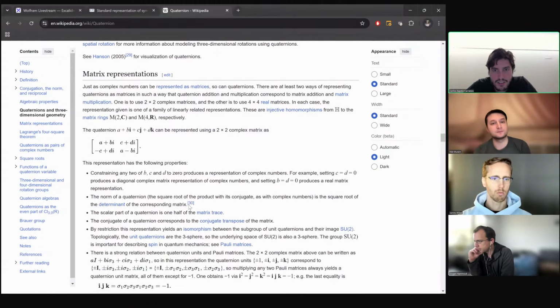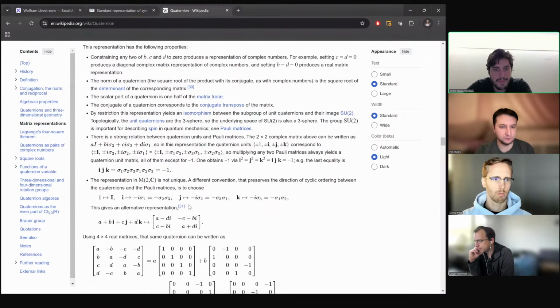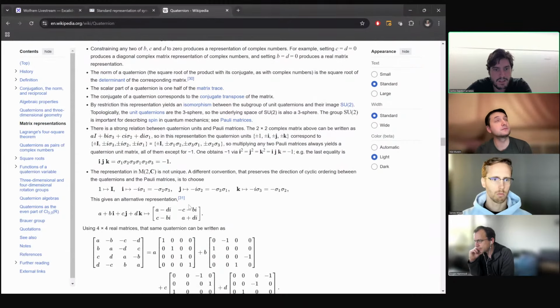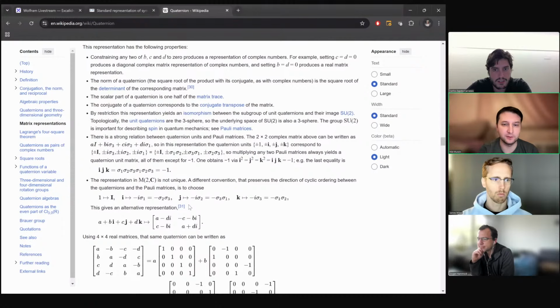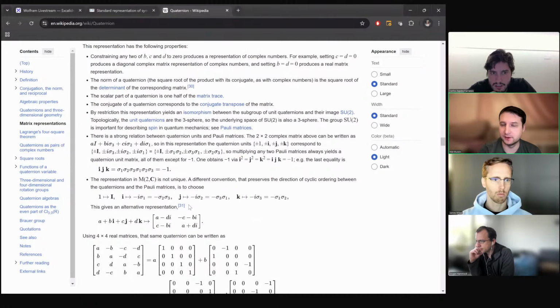There are injective homomorphisms from quaternions to matrix rings. This injection, it's also like some kind of Clifford algebra. The 1-1 Clifford has the same matrix representation. Yeah, the 2x2 complex one. Interesting.